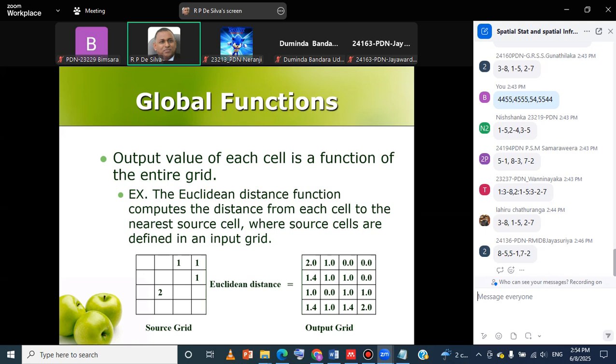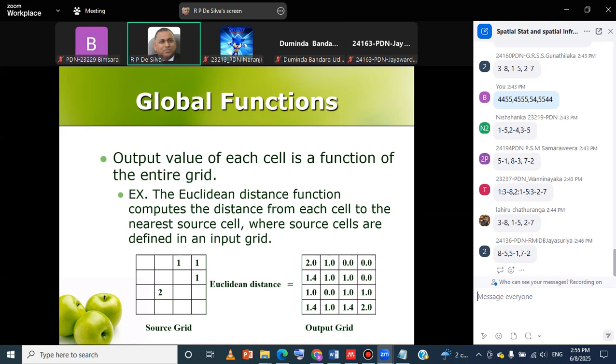Now what we do is assume that source grid is a water source. So there are three cells, say for example, a large lake or something.